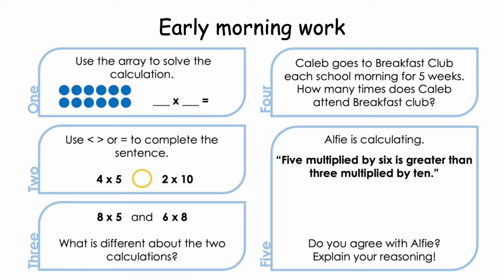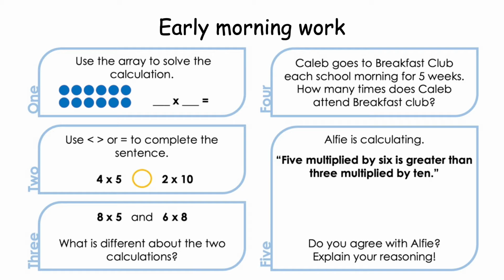Number 4. Caleb goes to breakfast club each school morning for 5 weeks. So how many days do you go to school? And that's multiplied by 5 because it's 5 weeks. So how many times in total does Caleb attend breakfast club?